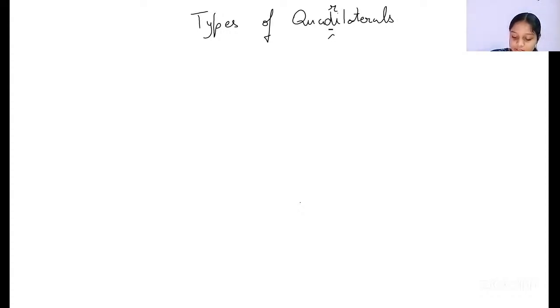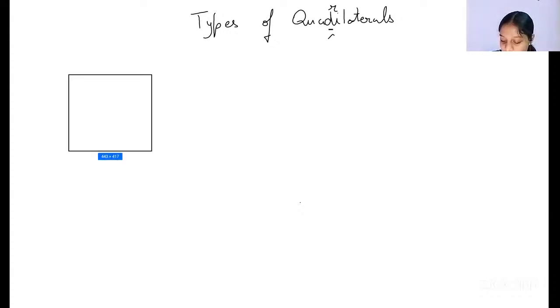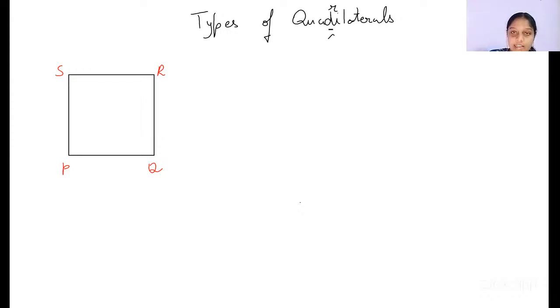Let's begin with the square. So we have a square, and what's its speciality? If I say a square, what is its speciality? All sides are equal. Let's name it first: P, Q, R, S. First thing, all sides are equal.